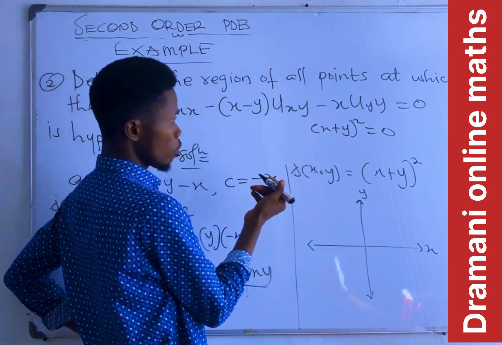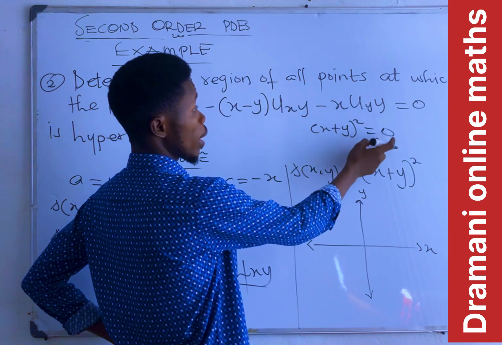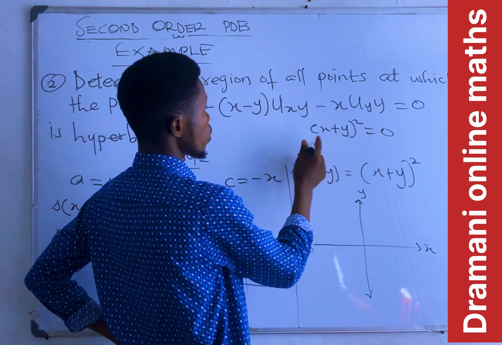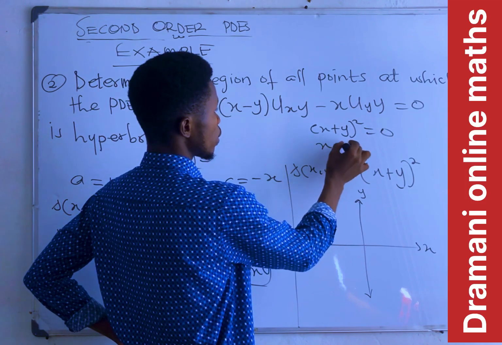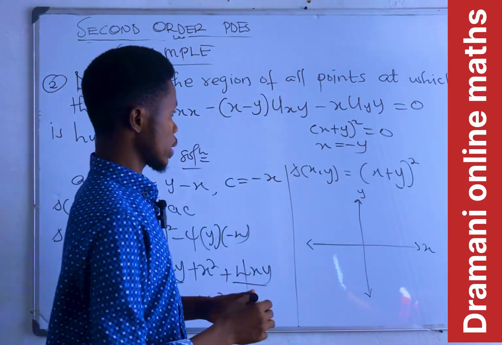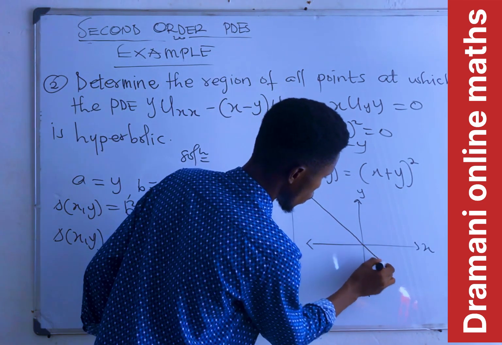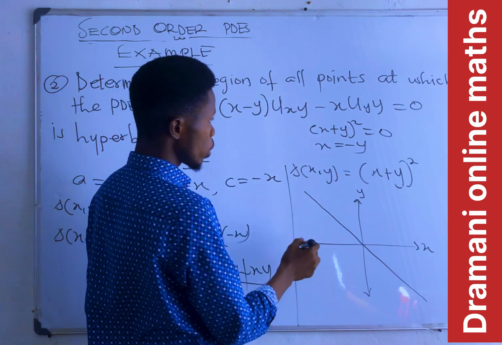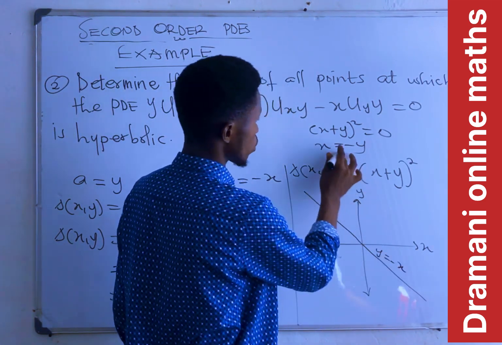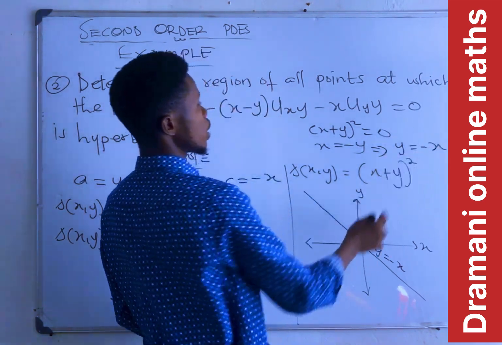We take the square root on both sides, meaning that the square will go. Even if you put plus or minus here, plus of 0 is still 0, minus of 0 is still 0. So what you are going to get here is that x is equal to negative y. If I want to draw this, the curve goes this way. That is y equals negative x.